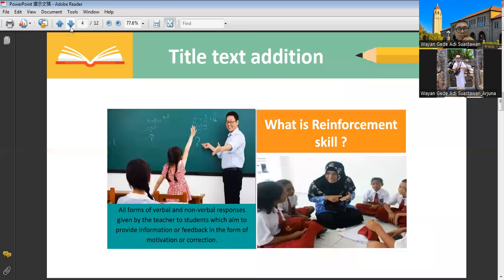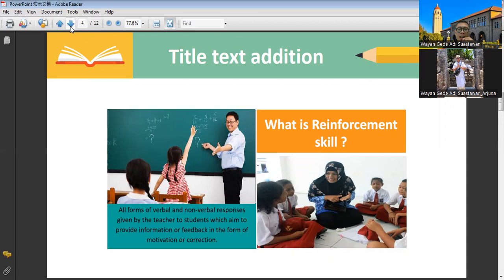All right. Now, let's discuss the first topic in this presentation. It is about what is reinforcement skill. So as you can see on the slide, reinforcement skill is all forms of verbal or non-verbal responses given by teachers to the students, which aims to provide information or feedback in the form of motivations or corrections.